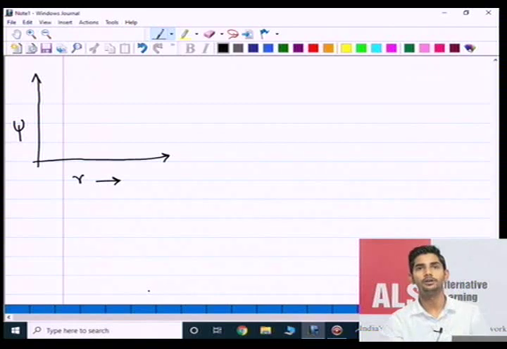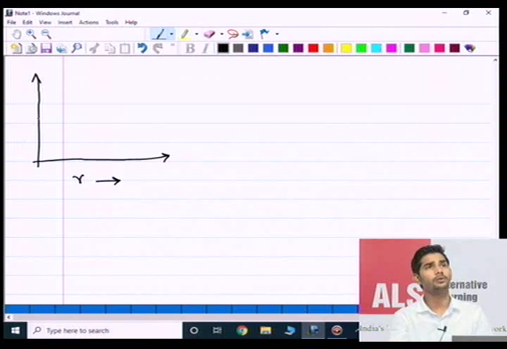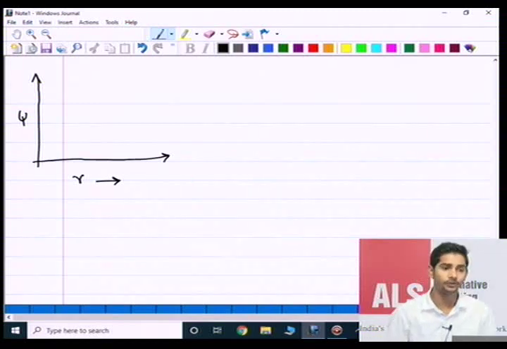Psi is the orbital wave function. Those are not important, that's why I haven't drawn that one. That was just for concept clarification, of how we are getting the nodes. So guys, this is psi versus r. Psi is the orbital wave function.